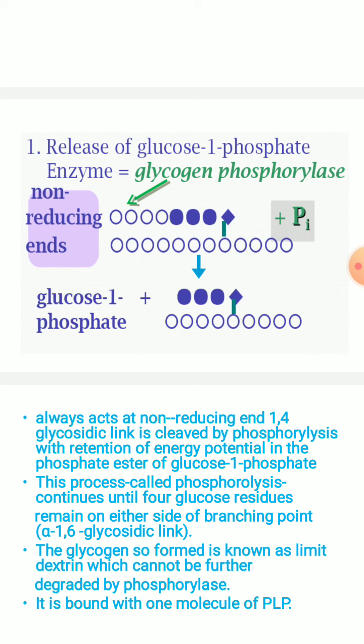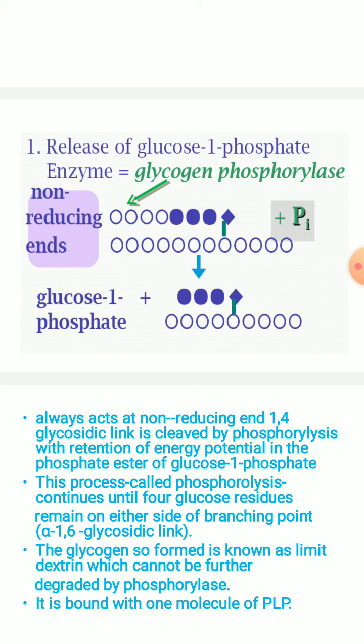That is mainly acted upon by this enzyme, and is cleaved by the phosphorolysis reaction with the retention of energy potential in the form of phosphate ester in the molecule, that is glucose 1 phosphate, where you can make out the phosphate will be present. So that's why this process is referred to as phosphorolysis.